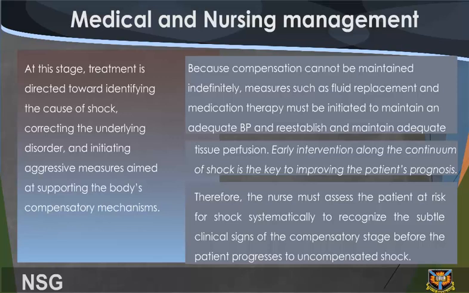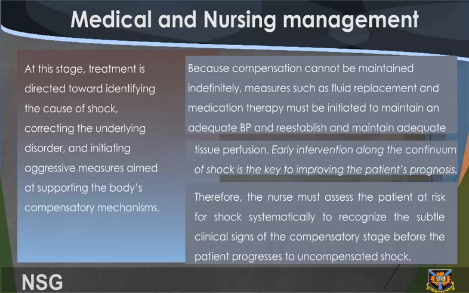Because compensation cannot be maintained indefinitely, measures such as fluid replacement and medication therapy must be initiated to maintain an adequate BP and re-establish and maintain adequate tissue perfusion. Early intervention along the continuum of shock is the key to improving the patient's prognosis.